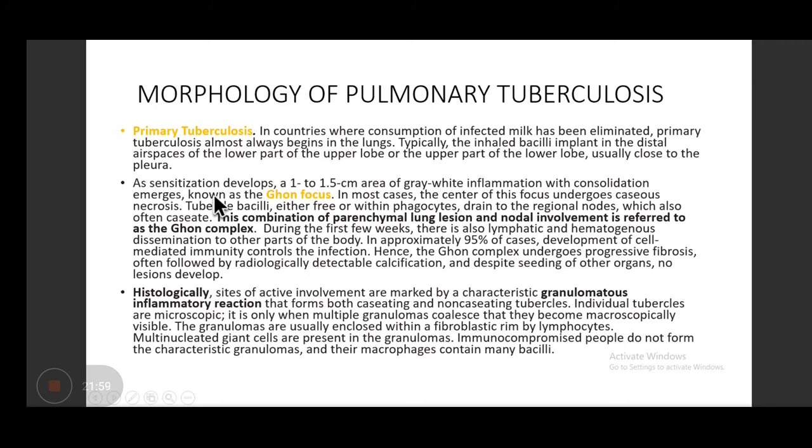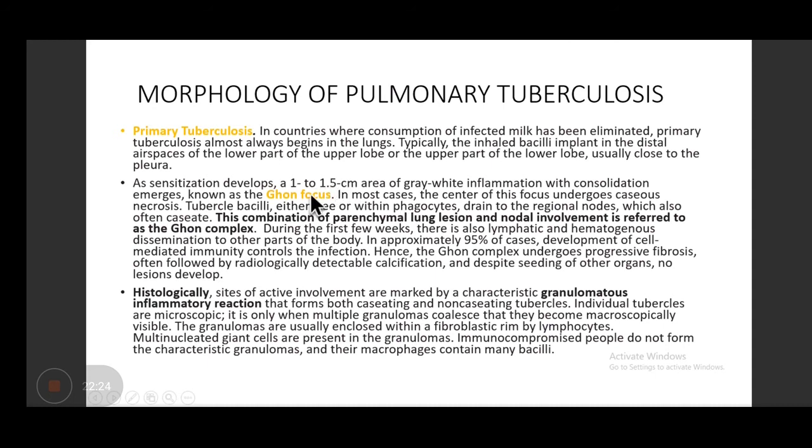As sensitization develops, a 1 to 1.5 centimeter area of gray-white inflammation with consolidation emerges, as ma'am had taught, which is called Ghon's focus. So your parenchymal focus is your Ghon's focus. In most cases, the center of this focus will undergo caseous necrosis, and tubercle bacilli, either free or within phagocytes, drain to the regional nodes, which also often caseate.